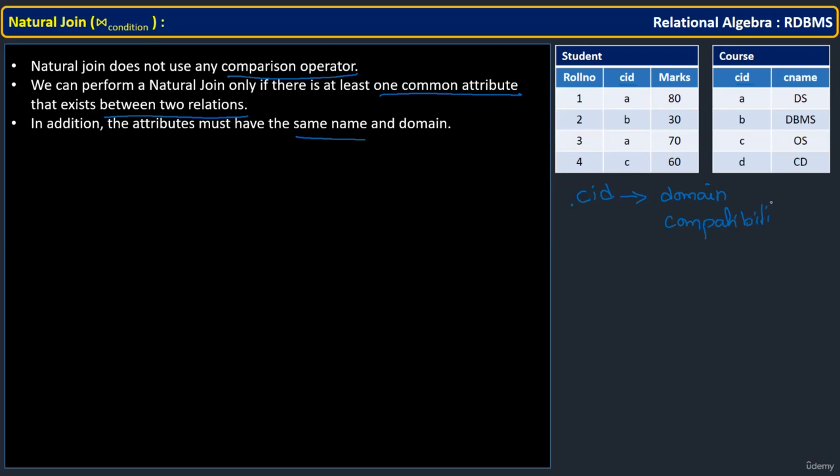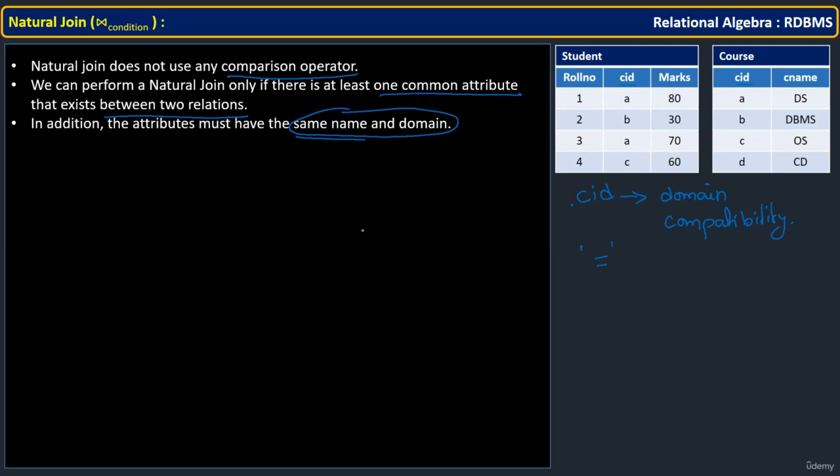Then only you can perform natural join. So on all the common attributes satisfying these two, same name and domain, it automatically puts an equi-join.